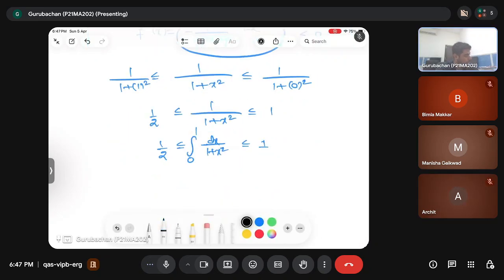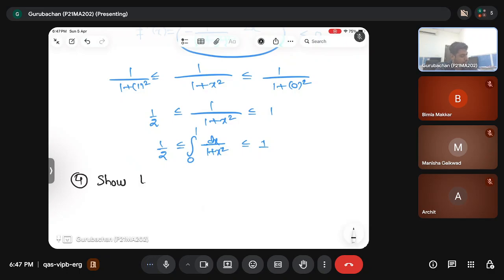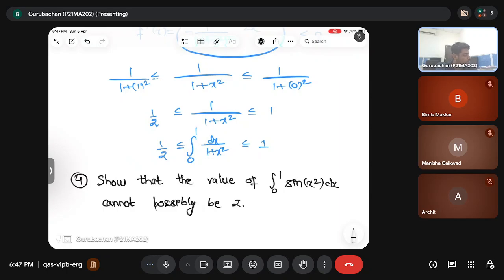Now in the same way, just a similar kind of question but stated in a different sense. Show that the value of the integral from 0 to 1 of sine x square dx cannot possibly be 2.